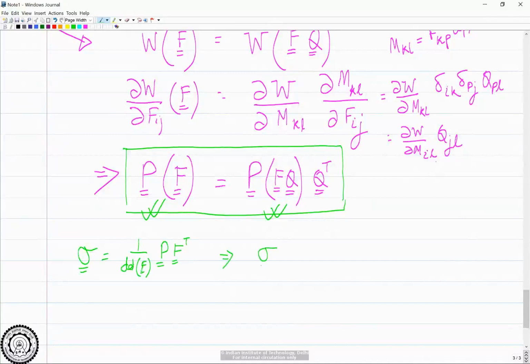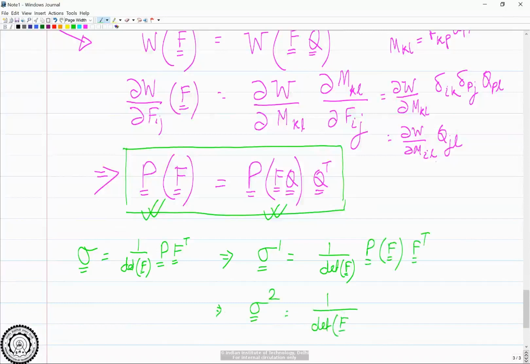Anyway, so sigma 1 is then 1 over determinant of F into P of F into F transpose, right? Whereas sigma 2 will be 1 over determinant of FQ into P at FQ, right, into FQ transpose.